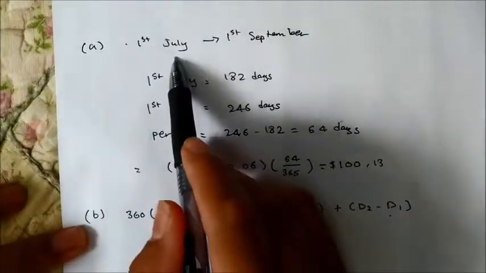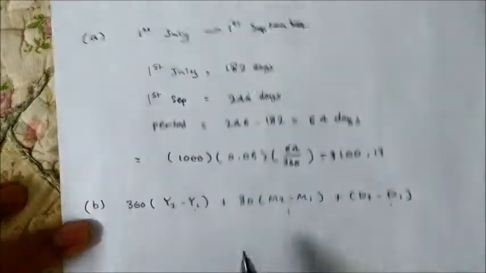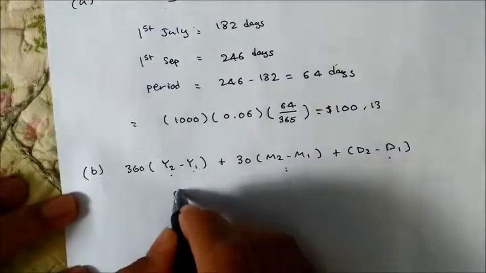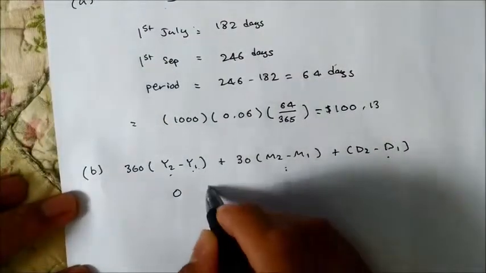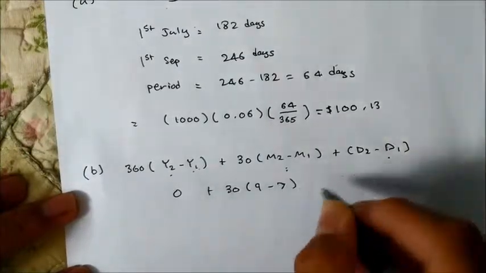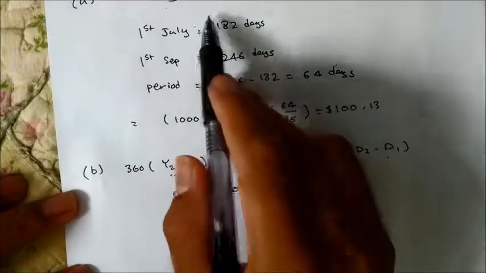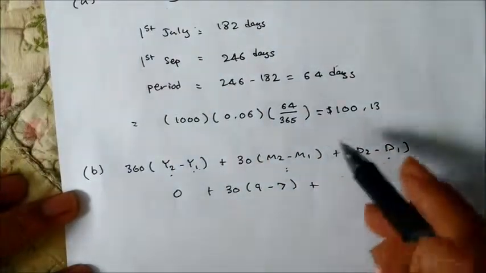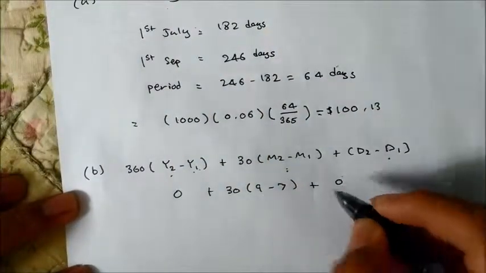So in this case, since we are using 1st July to the 1st of September, we will get 0, which is the same year, plus 30 times (9 minus 7), plus, since both of them are on the same day, we will get 0 here.